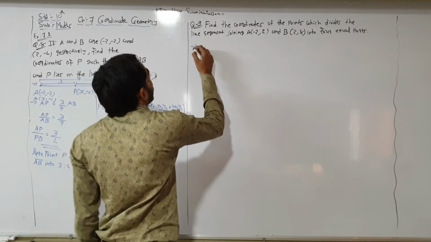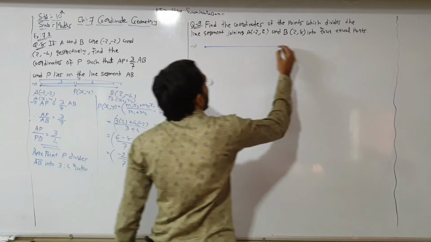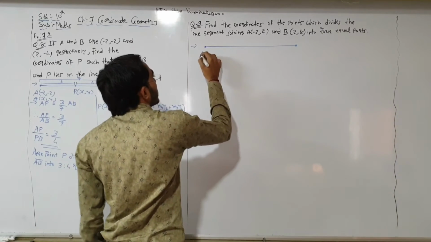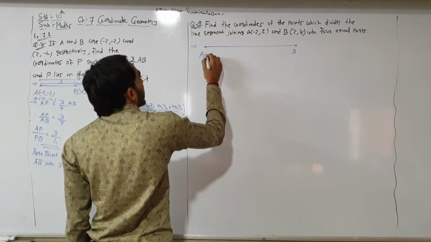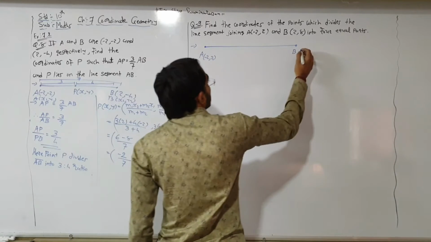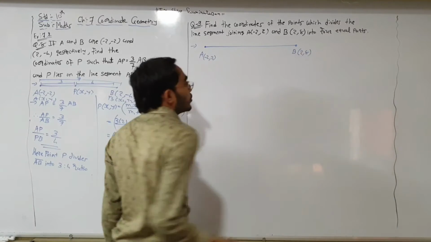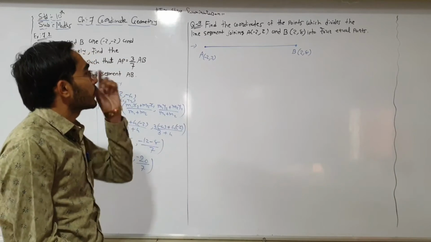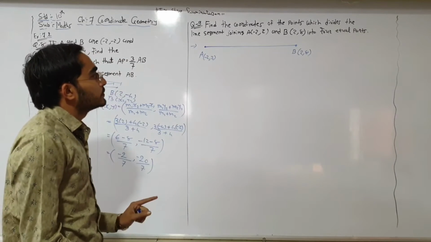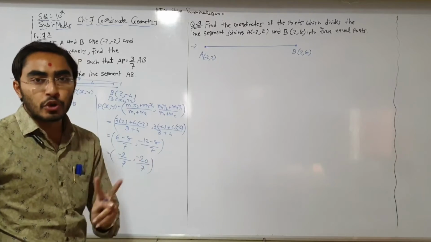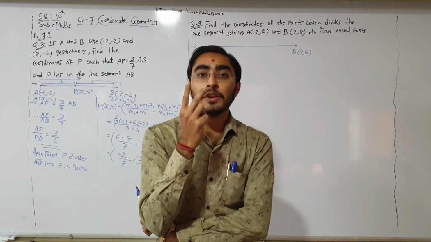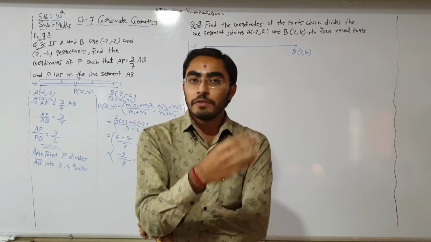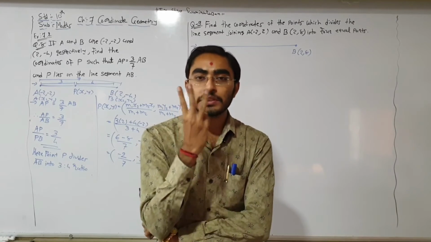First of all, AB, where A is (-2, 2) and B is (2, 8). Now we need to make 4 parts. If we want to make 3 parts, then we need 2 more points. If we want to make 4 parts, then we need 3 more points.